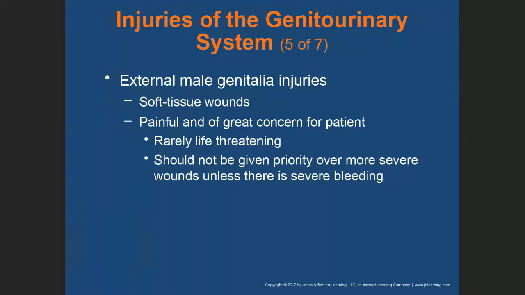External male genitalia injuries are classified as soft tissue injuries or soft tissue wounds. They are painful and of great concern for the patient, but rarely life-threatening. They should not be given priority over more serious wounds unless there is severe bleeding.